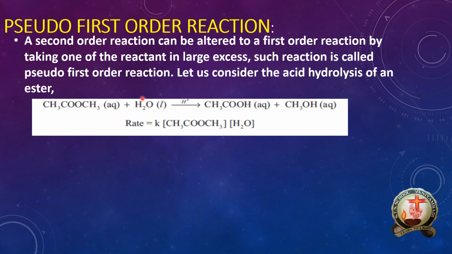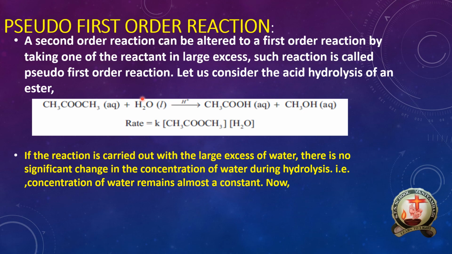If the reaction is carried out with excess water, there is no significant change in the concentration of water during the hydrolysis. So we can take 10 kg of water at the initial stage, and finally we get 10 kg of water again.